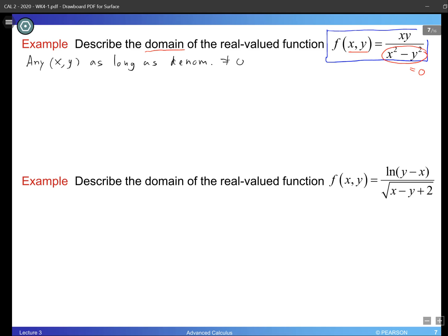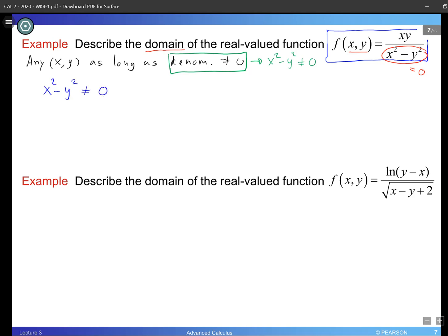We translate this denominator not equal to 0 to include x and y, and that's going to be x squared minus y squared not equal to 0. Since we want this, let's work on this inequality, x squared minus y squared, not equal to 0.